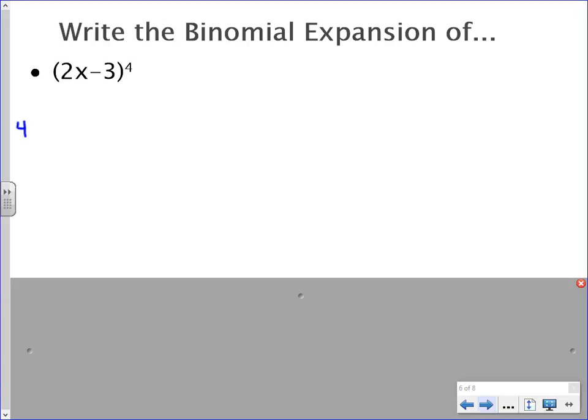We are going to start with 4 combinations of 0. Whatever this number is, that's what goes with your combinations, and we're always going to begin at 0. Then we are going to take this first term in the binomial. That will always be raised to the n power, whatever this number is for the first term.